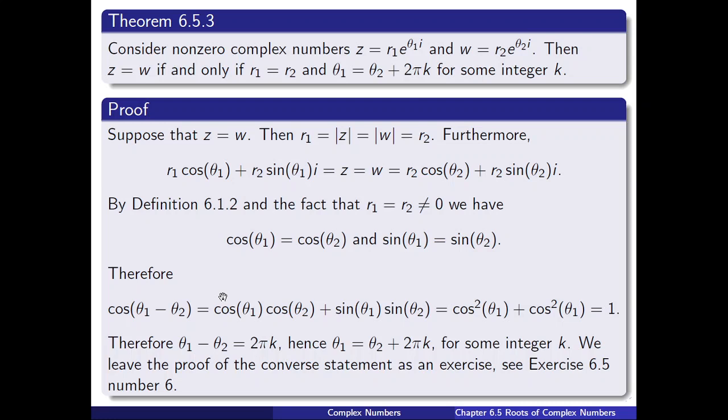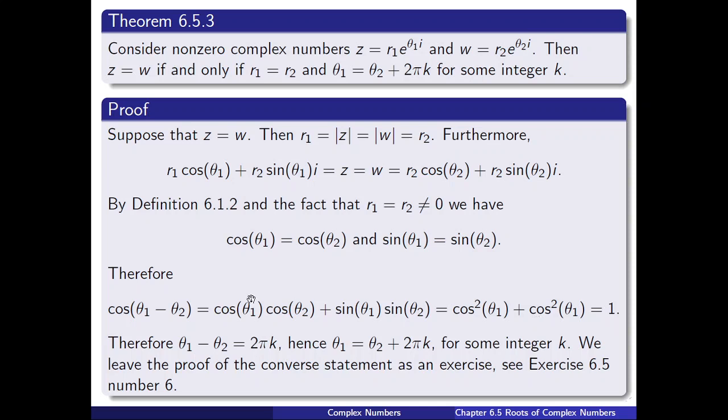And so if this is equal, then we can take cos of theta 1 minus theta 2. If we use our identities, we find out that that is cos theta 1 cos theta 2 plus sin theta 1 sin theta 2, which is just cos squared theta 1 plus sin squared theta 1, which is equal to 1.